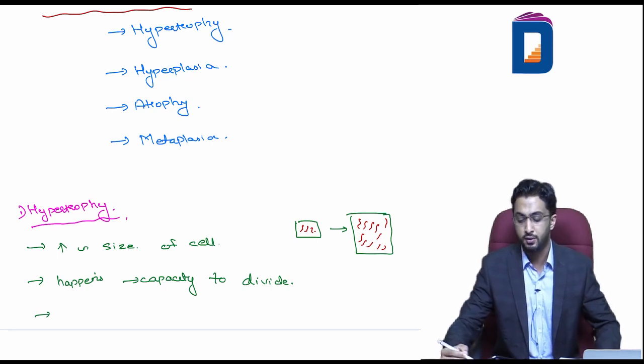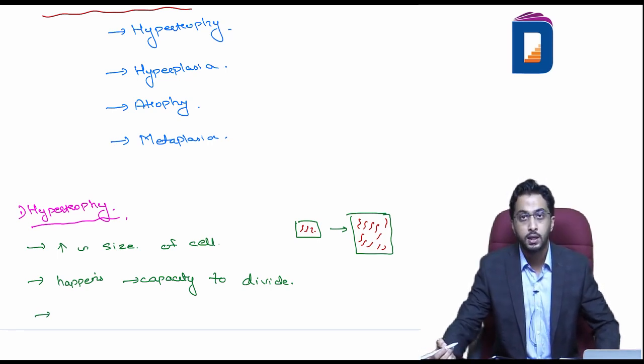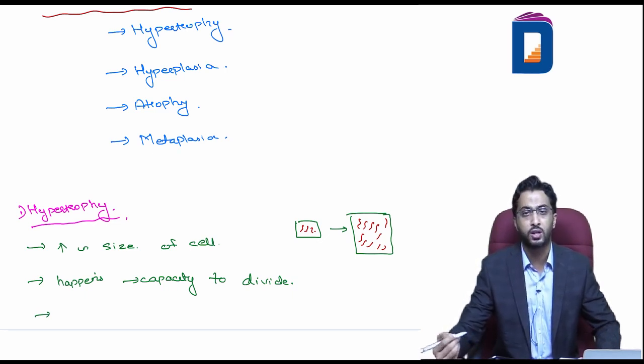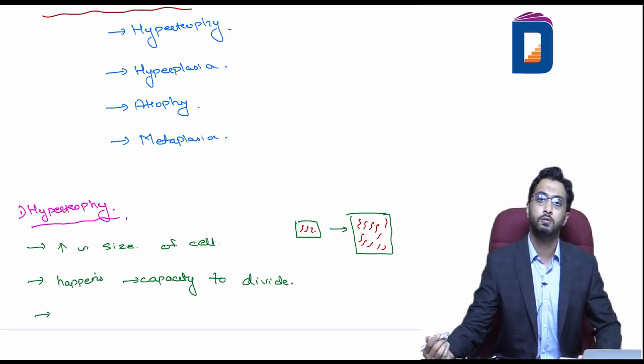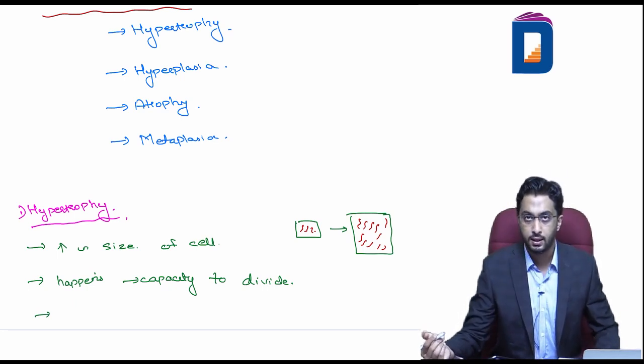The number of cells doesn't increase, but the amount of protein, the cellular contents, will definitely increase. That's very important to understand.